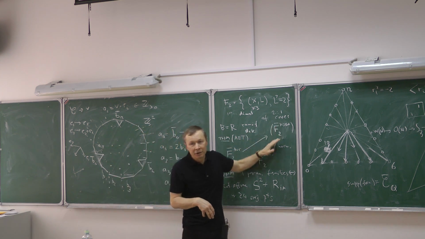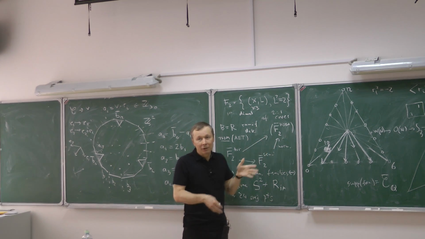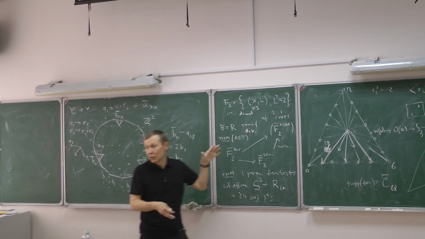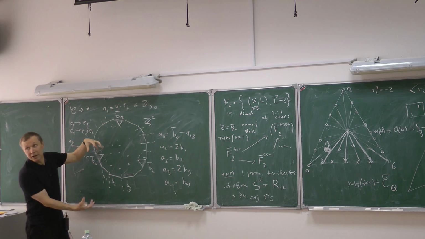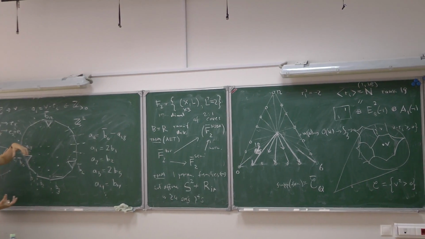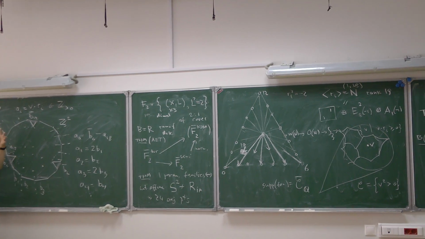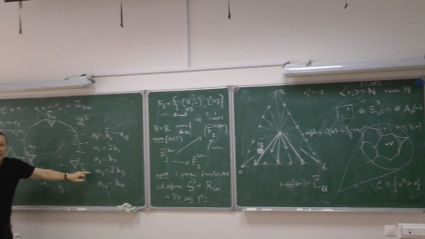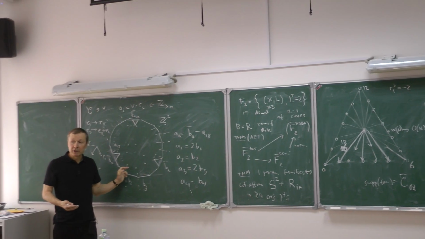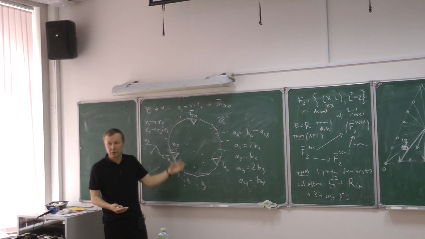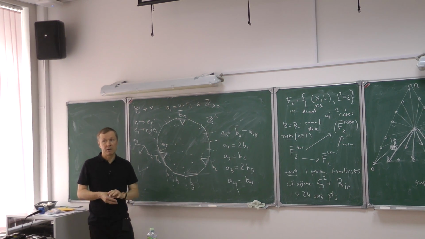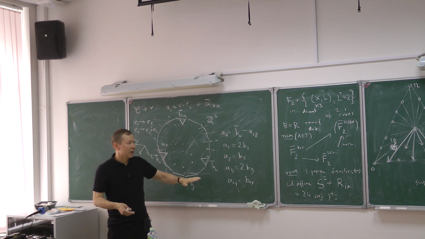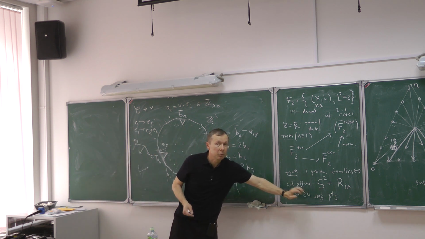So there are 18 rays that go in the vertical direction. Then you glue to the exact copy of that, and you get a sphere with 24 singularities. 18 of them are on the equator, and then there are 3 in the northern hemisphere and 3 in the southern hemisphere. So that's the S2 with 24 singular points.